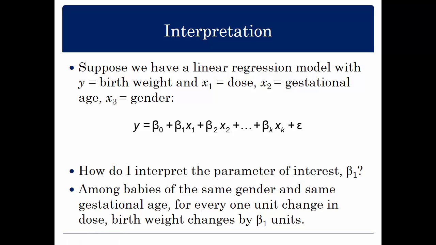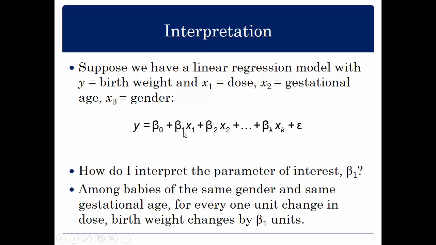It's a categorical covariate, gender, because we also know that there tends to be differences in birth weights that can be a function of gender. What we're really interested in is X1. How is this dose affecting birth weight? But we need to control for the effects of gestational age, because they may differ in these babies, and gender, because we'll have both boy babies and girl babies that could be different just because their genders are different.